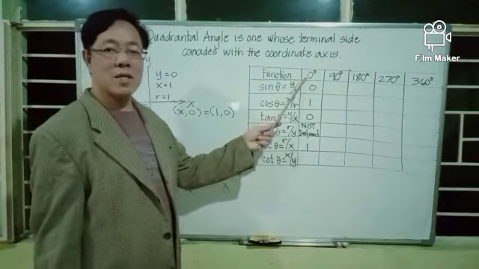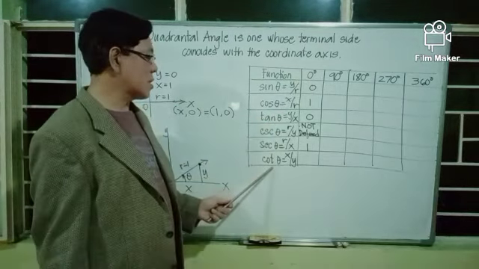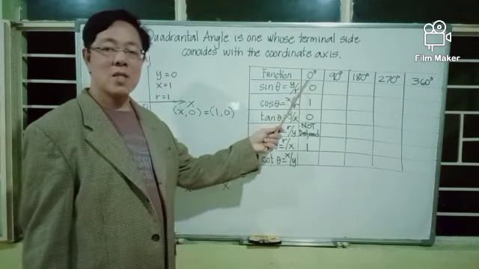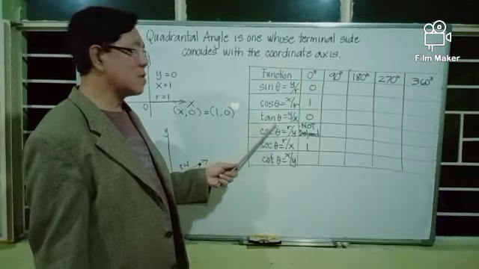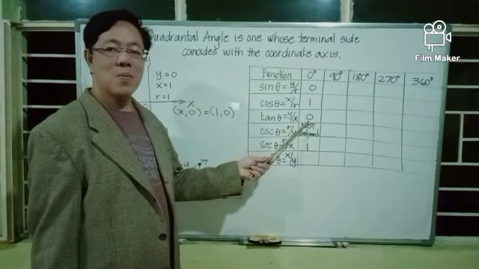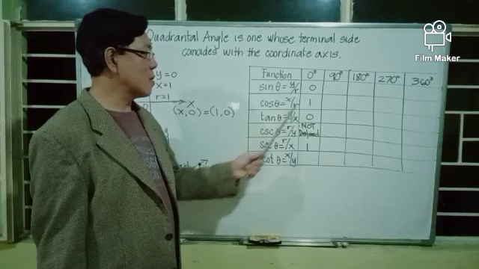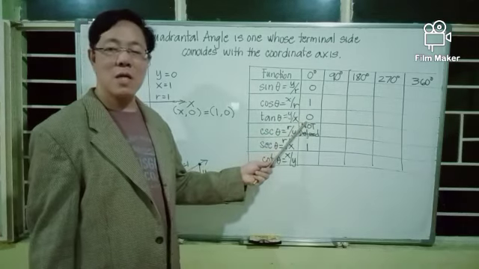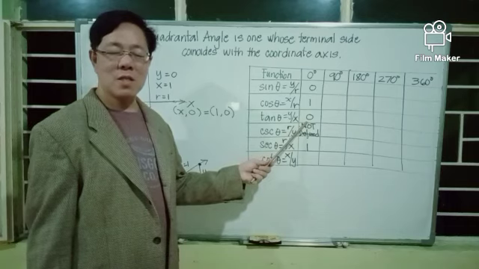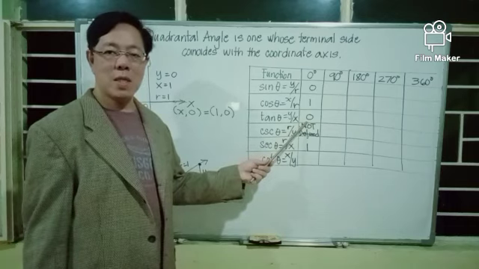For the quadrantal angle 0 degree, cotangent of 0 is equal to the reciprocal of tangent of 0 degree, which is 0. Tangent of 0 degree is 0, and reciprocal of 0 is 1 over 0, which is also undefined or not defined.